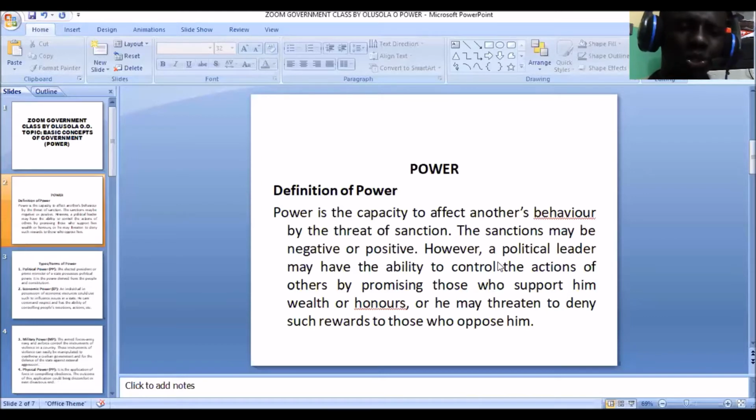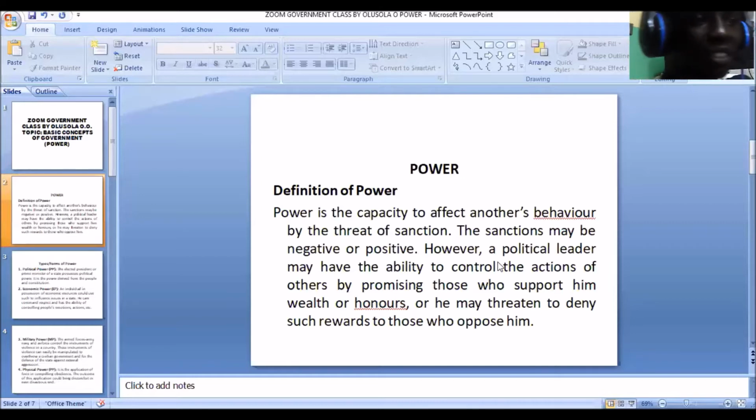That is, you use power to deny people certain things, certain privileges that belong to them. They also use power to influence people to do what they wouldn't have done ordinarily or of their own accord without being forced. So power has this element of force in it.